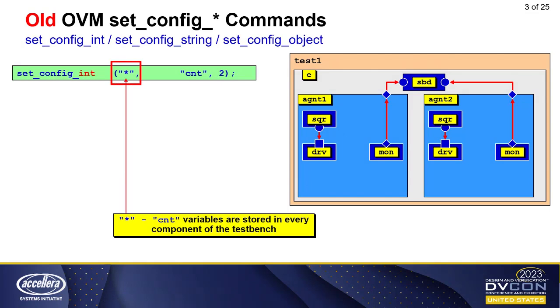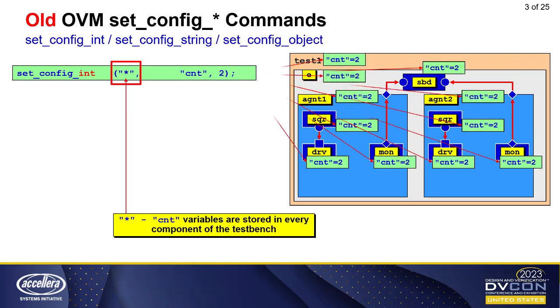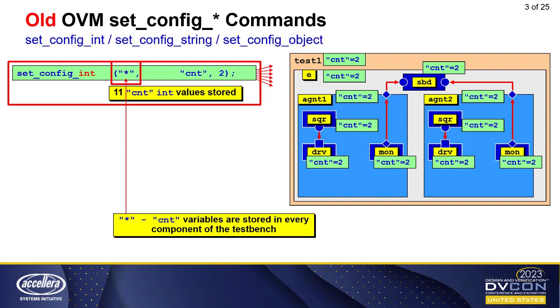stored in OVM. OVM had three setconfig commands. Each setconfig int command was used to store integer information on one or more components. This setconfig int command used a wildcard string to store the value 2 in a count variable in every component of the test bench.